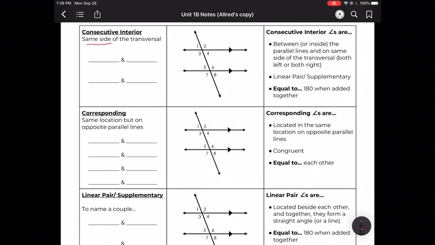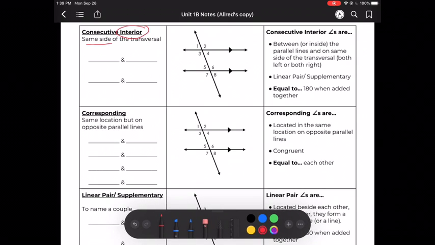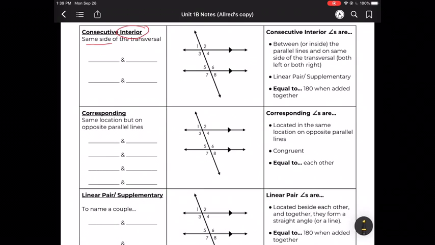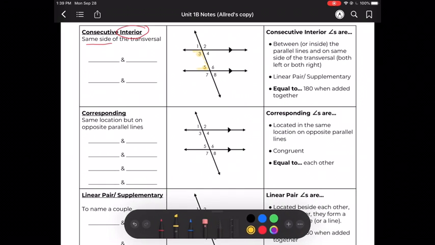So same side of the transversal, and they are interior angles. All right? So we might have an angle pair like angle 3 and angle 5 are considered consecutive interior angles. Okay. But angles 4 and 6 are also consecutive interior angles.